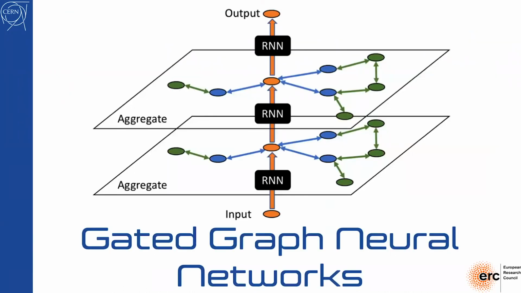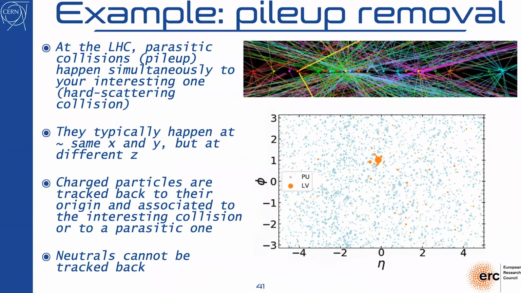And this is the same thing for pileup. Pileup is what happens at the LHC when you have a collision. Like you have some interesting collision, like you made a Higgs boson that gives you particles, like the orange particle you see there. But then you have other collisions happening that make this diffuse noise that you can represent as dots. Each dot is a particle in eta-phi.